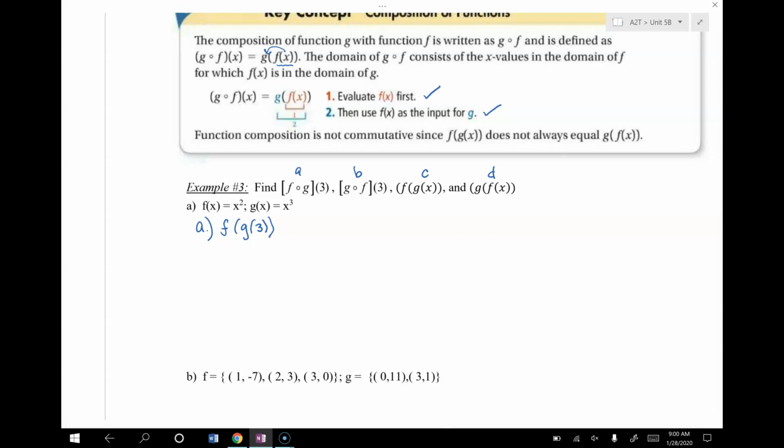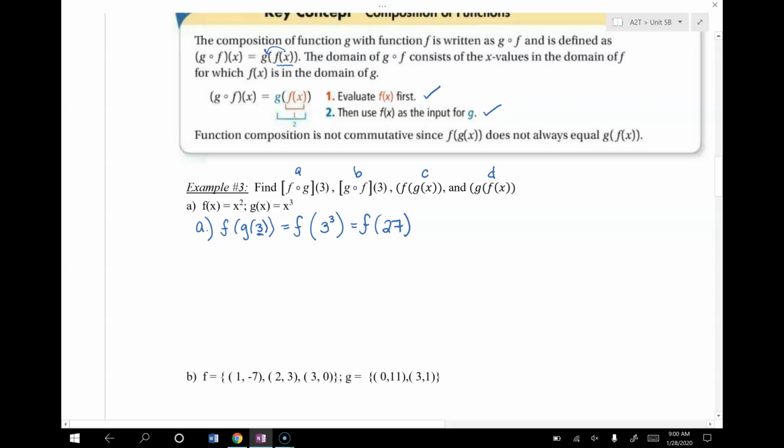So by order, I'm going to work inside out. I need to evaluate g of 3. The f is going to stay on the outside. g of x is x cubed. So I'm going to take this 3 and substitute it in for x, and evaluate. So we now have f of 27.